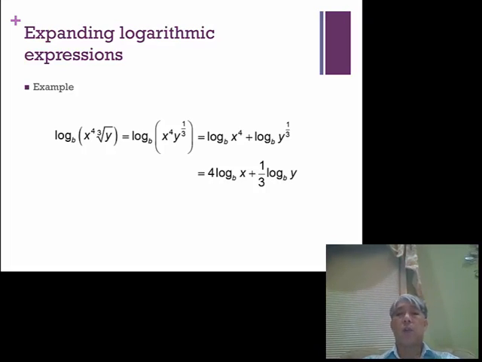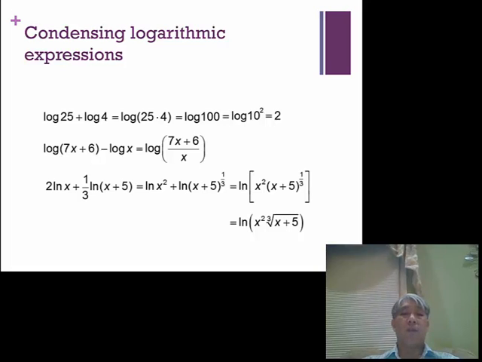Then I use the product rule to split off the x's and the y's. They both keep a log of the same base b. Next I apply the power rule to take the exponent down for both logs, and I end up with the form shown there.